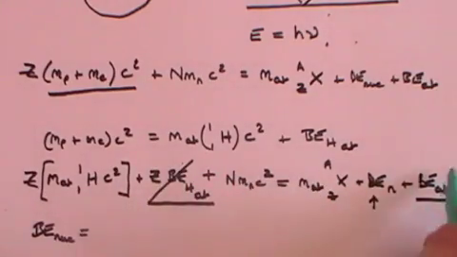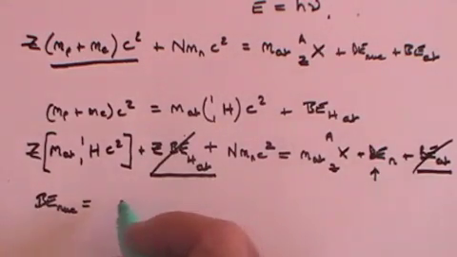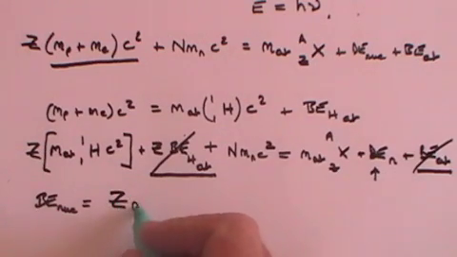Consequently, those two terms really are irrelevant. They are so close that when it comes to a binding energy of the order of MeV, they're really not going to matter.